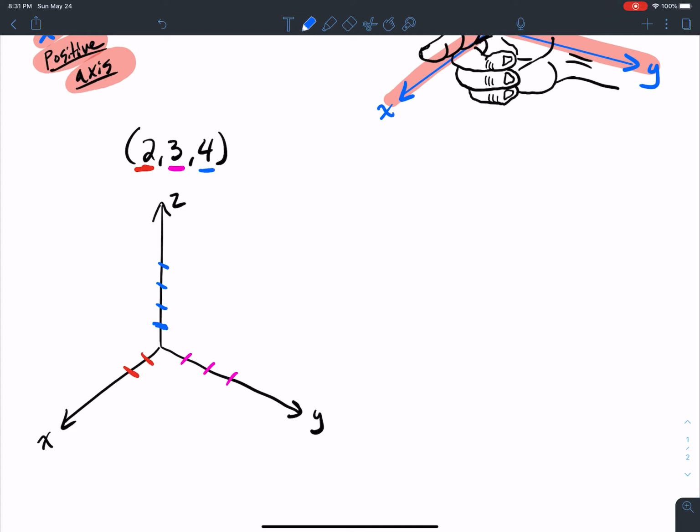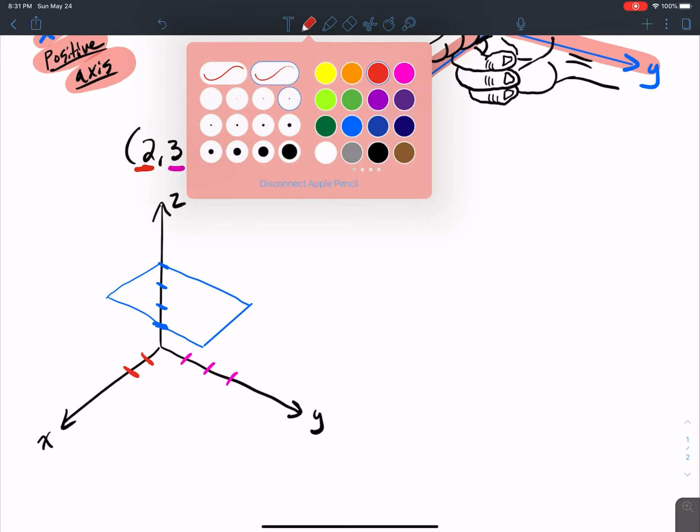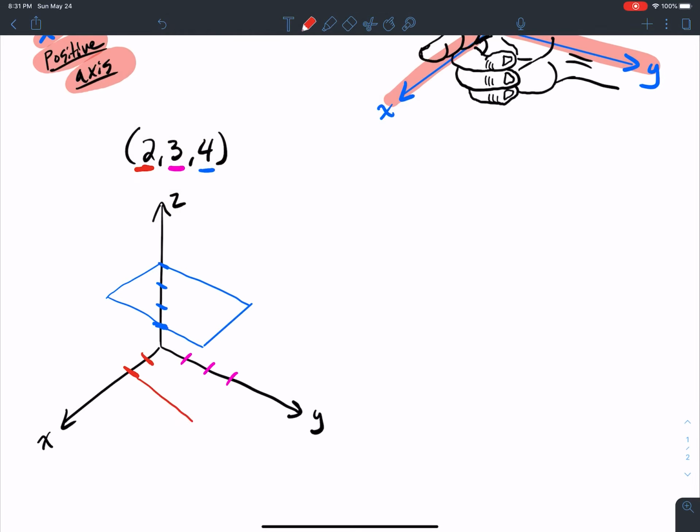So z kind of looks like this, the red x kind of looks like this, and then the y kind of looks like that.